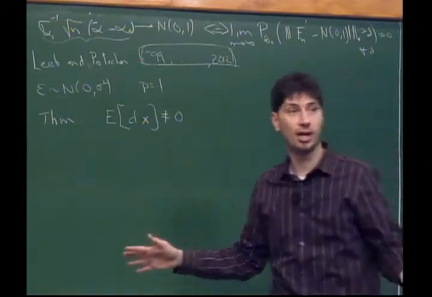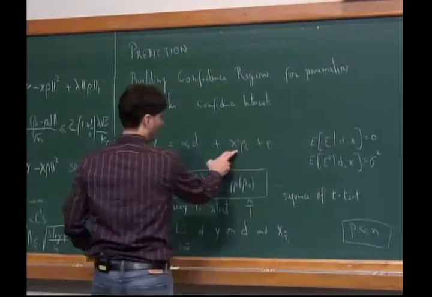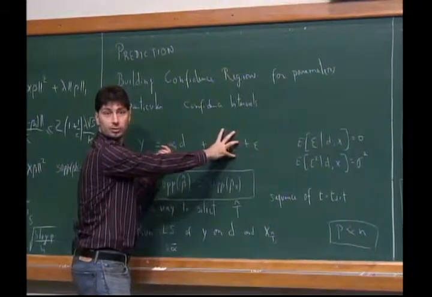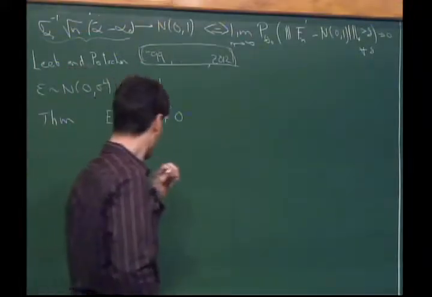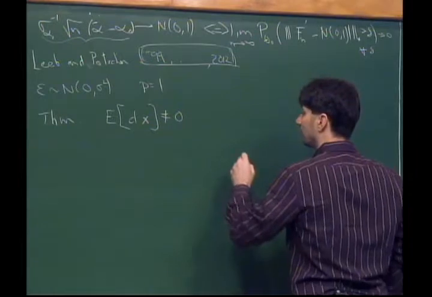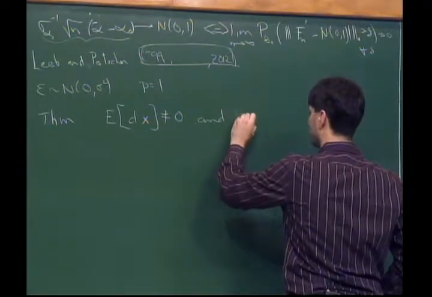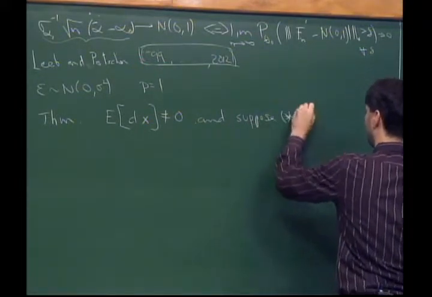By the way, if this does not hold, if they aren't correlated, model selection doesn't play any role. Right? If these guys are not correlated, essentially, whatever you do here does not matter for your inference here. But let's assume they are correlated. And suppose star holds.